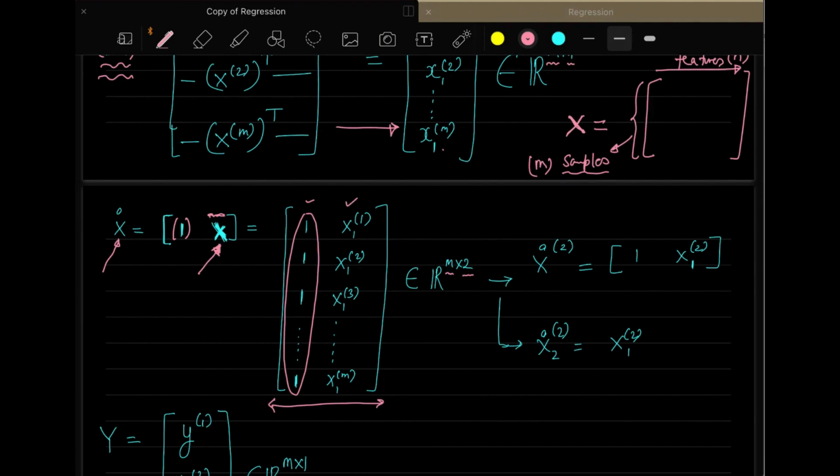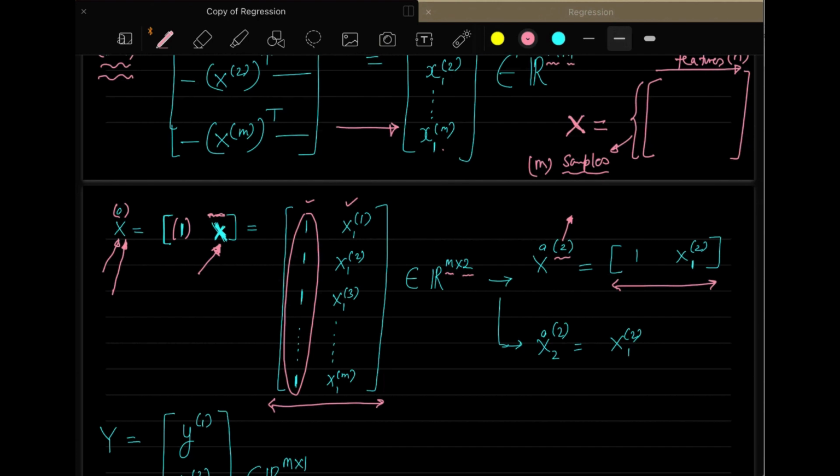If you want to access any of the elements of this matrix, which is X with the dot on top, and you want to access any row, then you simply write i over the top, and you will get a row out of it.